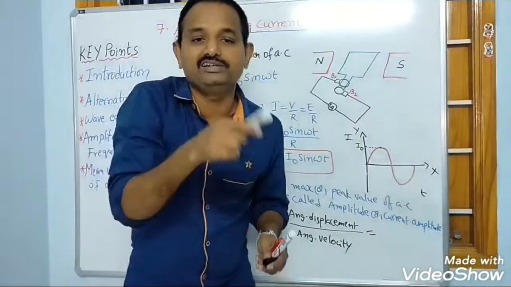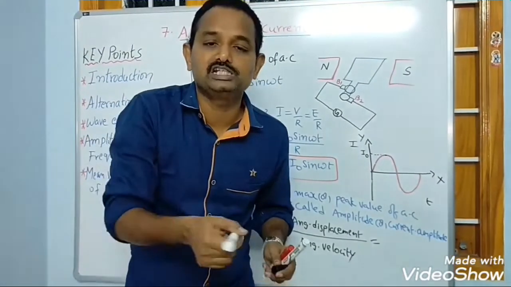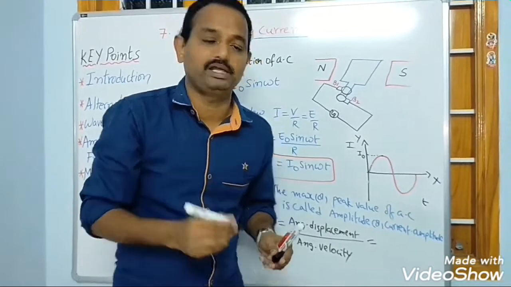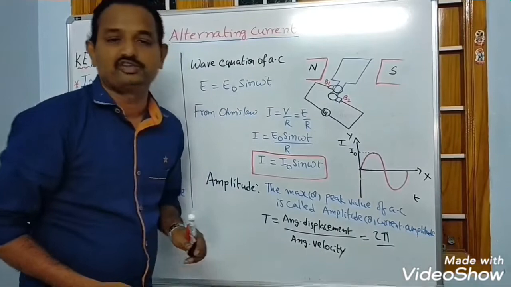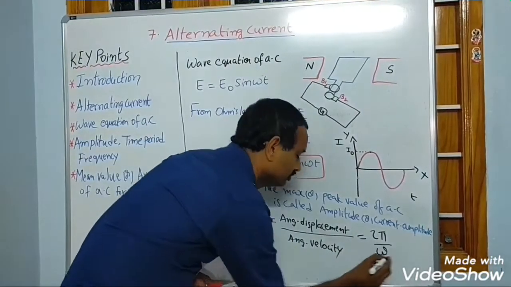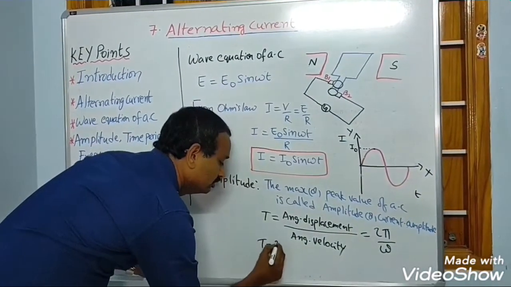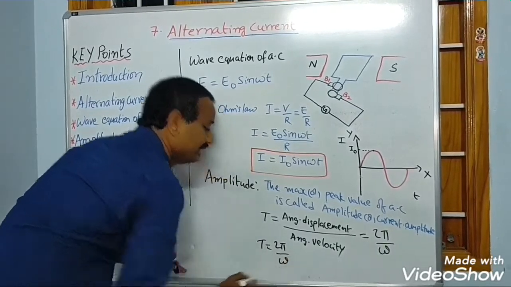For one rotation, 360 degrees. 360 degrees in terms of radians is 2 pi. 2 pi by angular velocity omega. So T equal to 2 pi by omega.